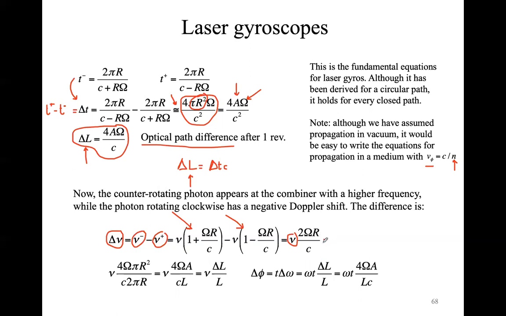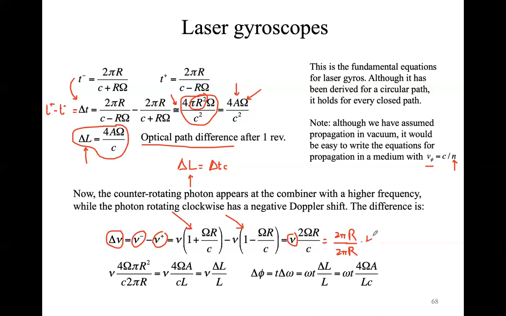We can do an additional trick by multiplying both sides by 2 pi r, your length of the loop.